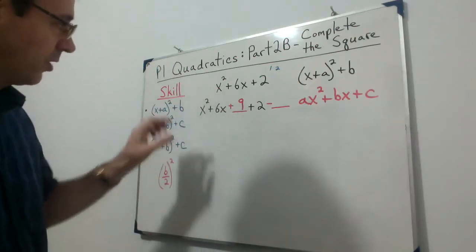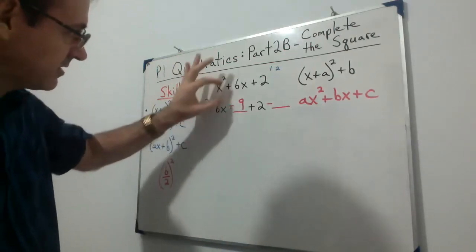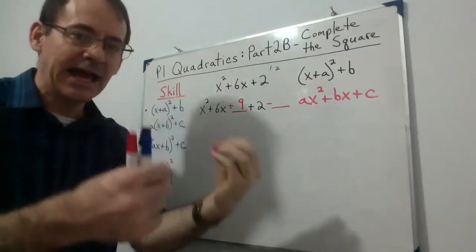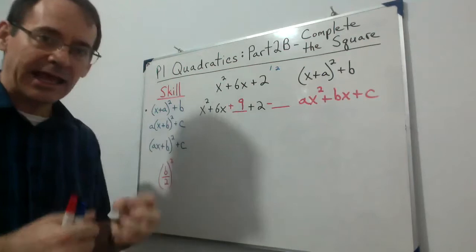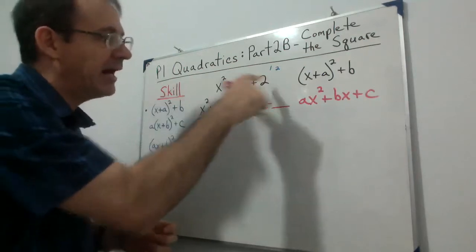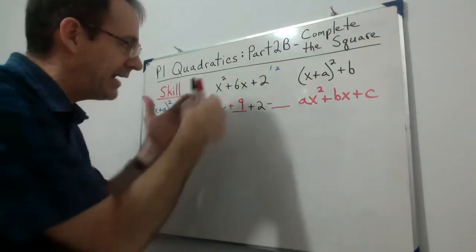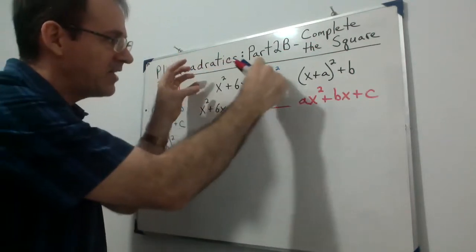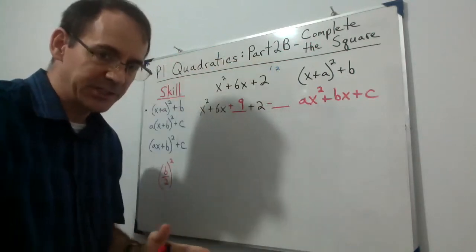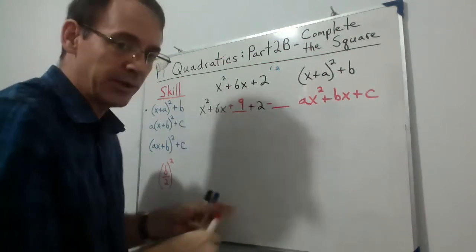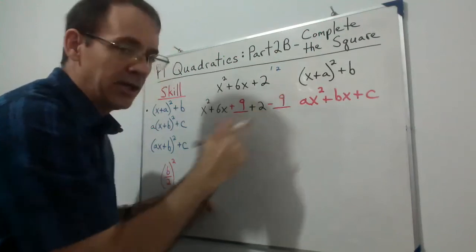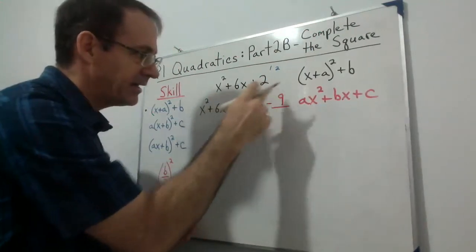Now, notice our x squared is here, our 6x is here, the 2 is here. We have added a 9. We have generated a new number that is not in the expression, and we've added it in. But what we want to do is maintain the value of our expression. So we need to equalize it, meaning we're going to subtract 9 over here. 9 minus 9 is 0.